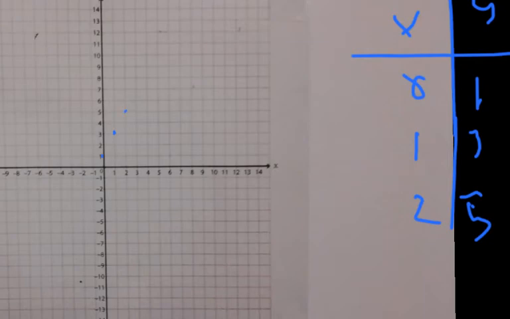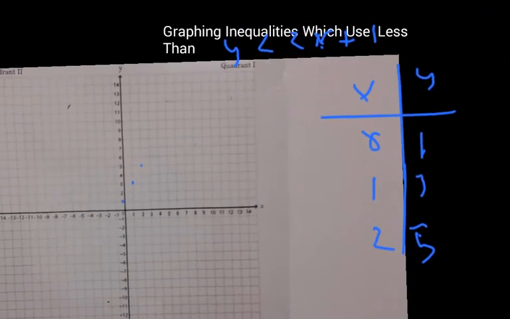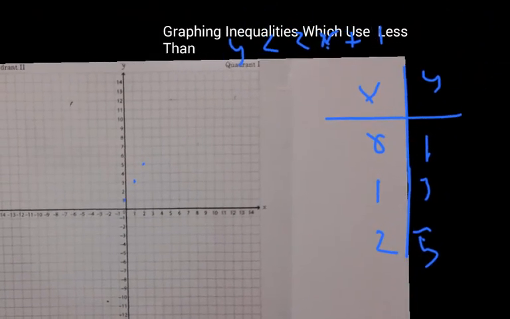Now because this was a less than, we can't include the line because the line is not part of the solution. So to indicate that the line is not part of the solution, we're going to draw a dotted line to go through these points. And because the value for y has to be less than, it can be anything in this whole region here.